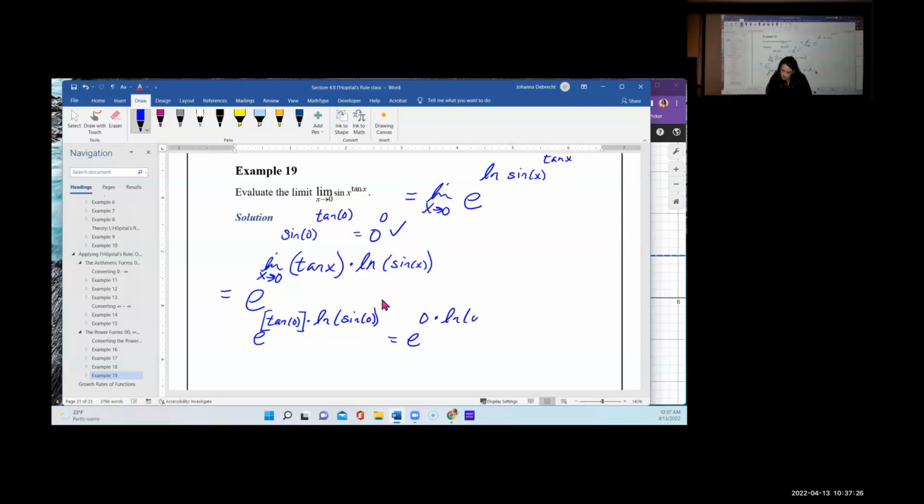Sine of 0 is also 0. But I need to think about what the natural log looks like. So I'm going to think about the function over here. Natural log as you approach x equals 0, which is, of course, the y-axis, it's coming down here and approaching negative infinity. So this becomes e, and the limit is being evaluated on 0 times negative infinity. So we have that.